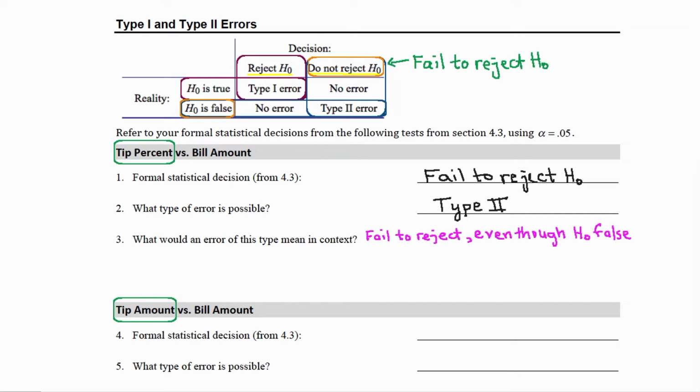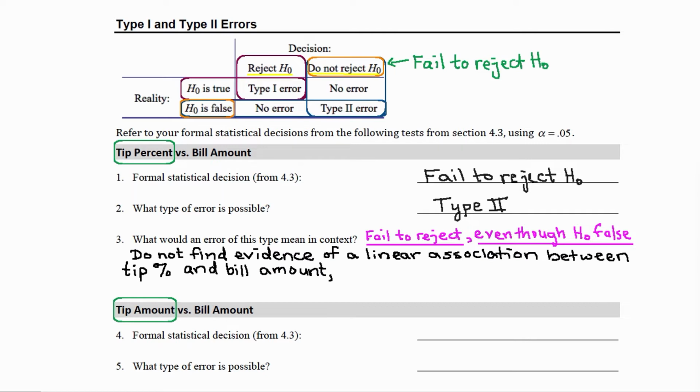So if we just put a little summary, this isn't my answer, of course, because it's not in context. I have to say what it means in context to fail to reject the null hypothesis, and then I have to say, even though the null hypothesis is in fact false, and I have to say that also in context. So I have written in the first half of this an explanation of what it means to fail to reject the null hypothesis.